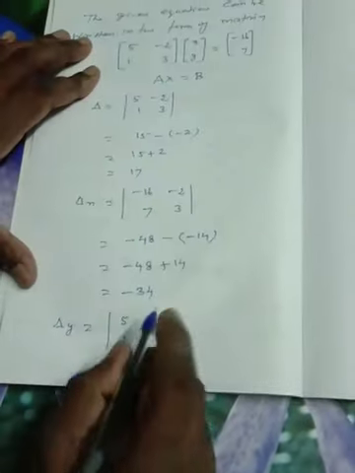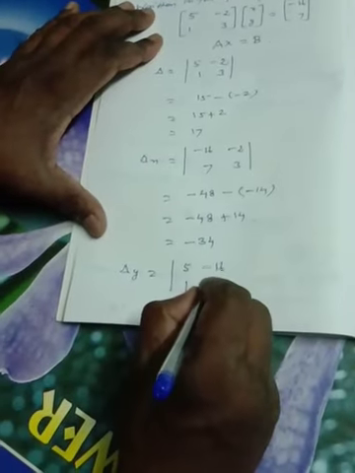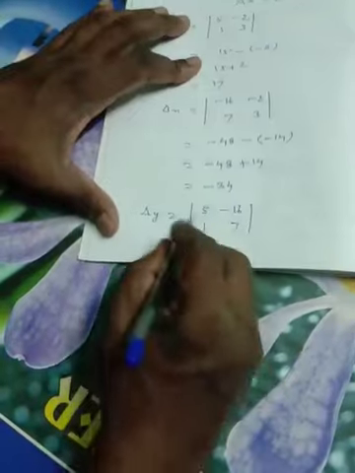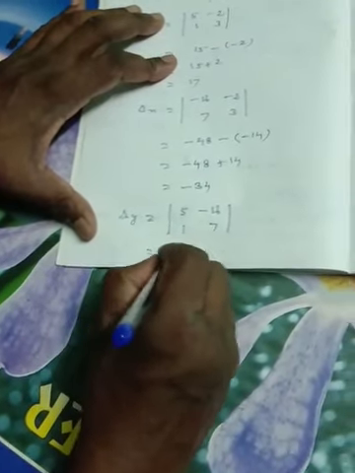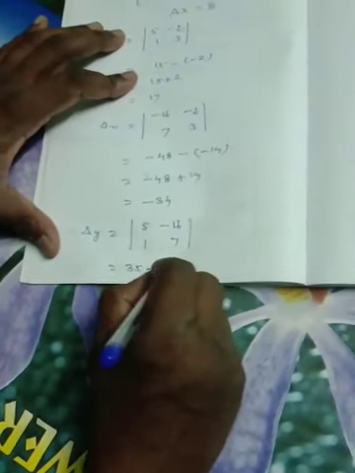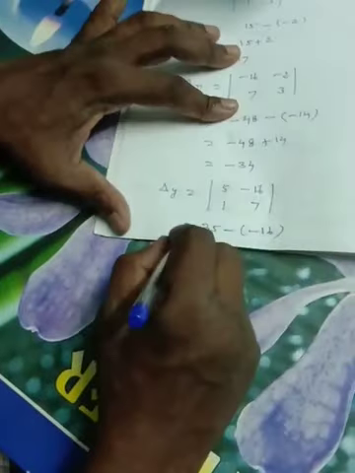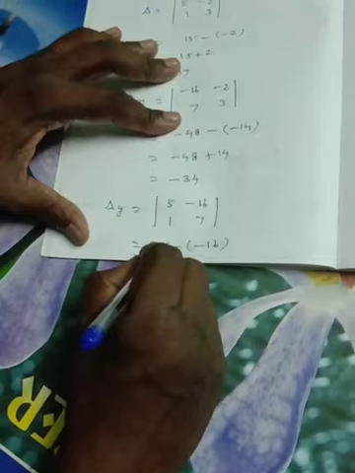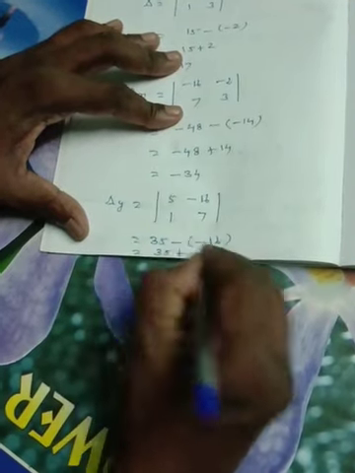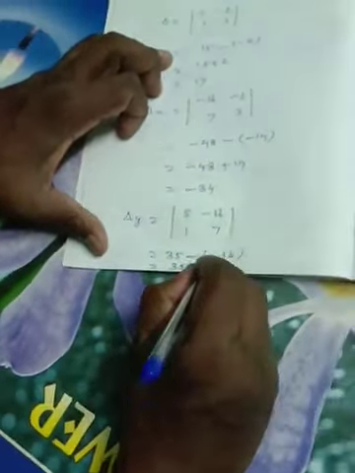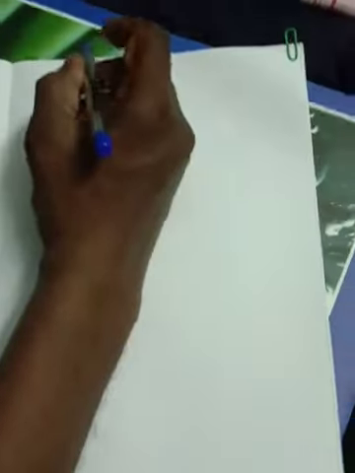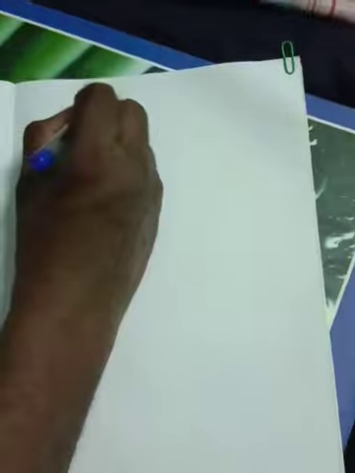Now 5 7s are 35, minus minus 16, 35 plus 16, is equal to 51. Therefore, del y is equal to 51.